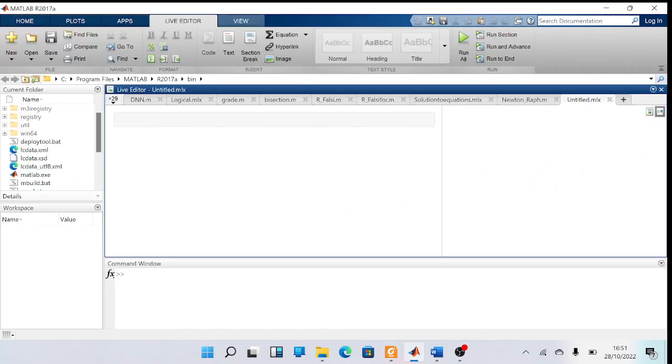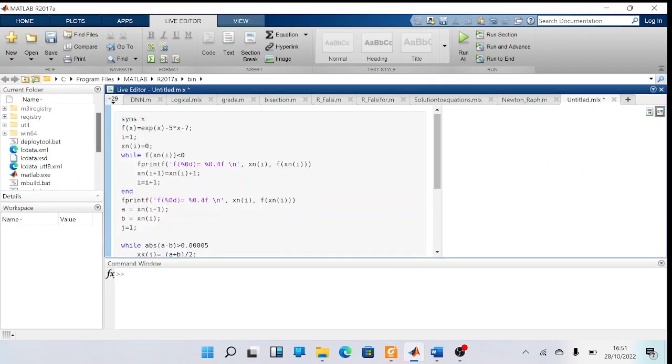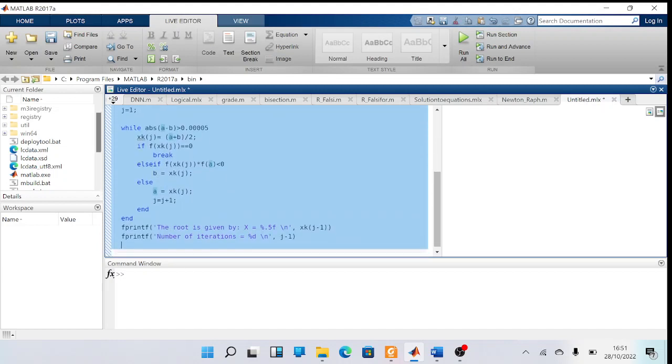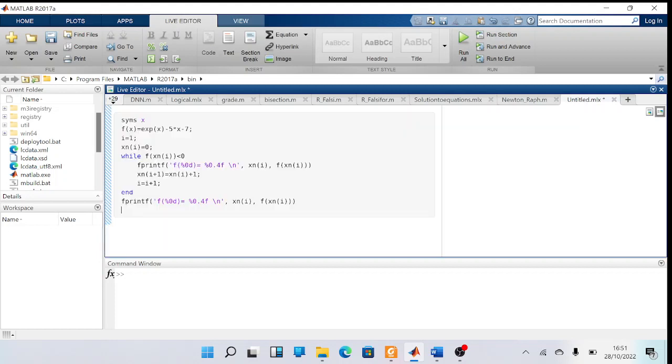I'll do this in MATLAB. So I have the code here, and before we look at the final solution, I want to look at the first part.